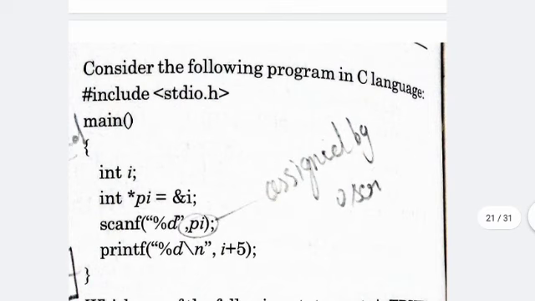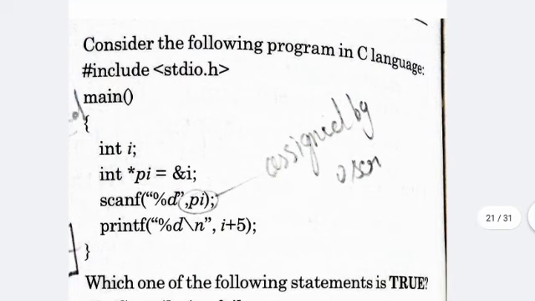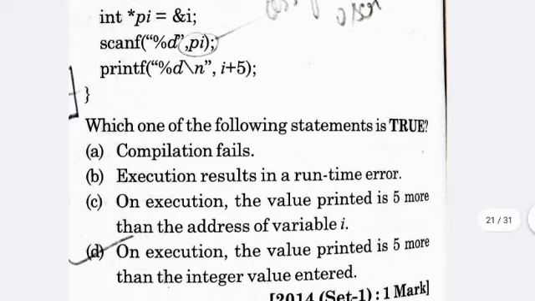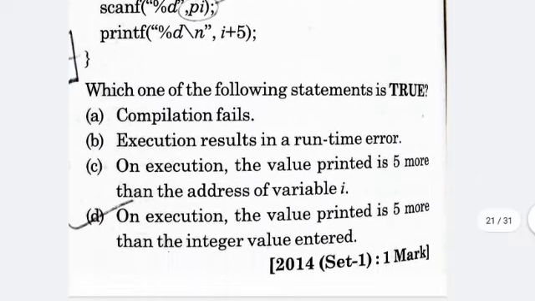Here, consider the following C program in the main function. Here pointer pi is equal to the address of i, and we scan the value of pi and print the value of i plus 5. The question asked is: which one of the following statements is true?